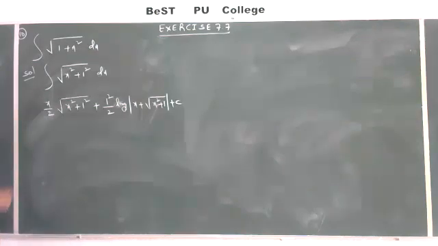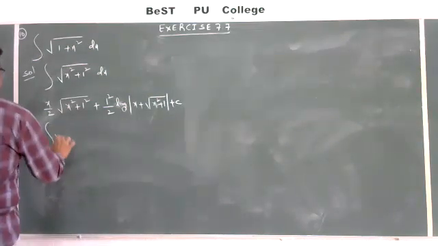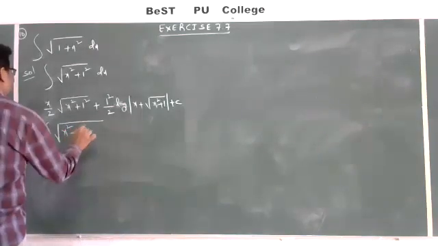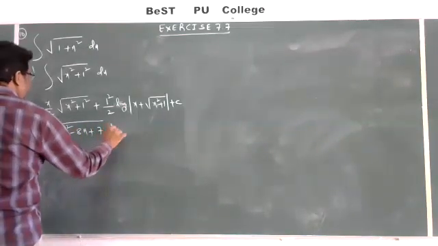So 11th problem. Integral root of x square minus 8x plus 7 dx.